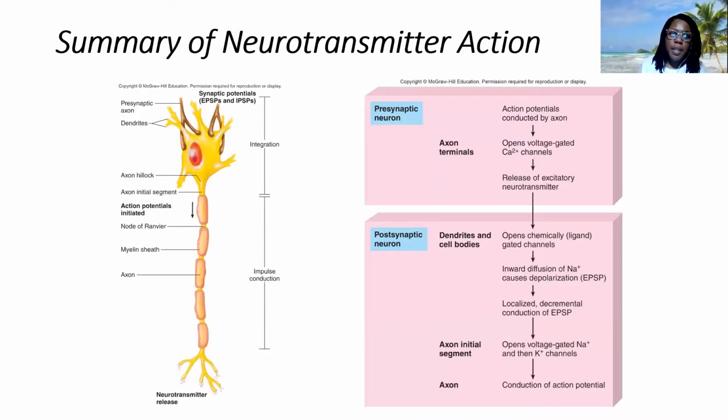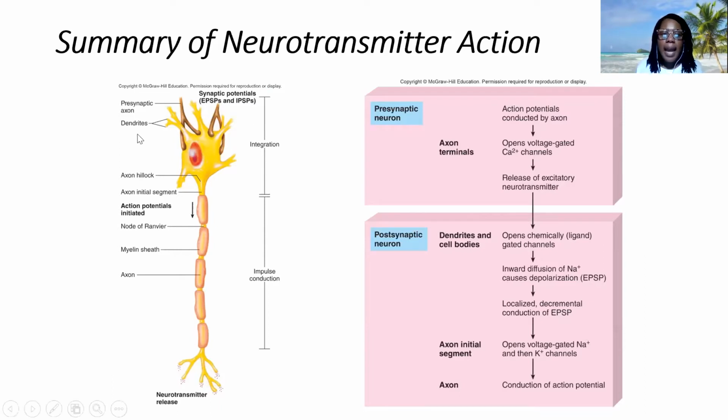If it's an EPSP, it makes an action potential easier, more likely, more favorable. If it's an IPSP, it makes an action potential harder, right? It hyperpolarizes the membrane. It takes us further away from rest. It makes it harder to get to that threshold value. Or if we think about chloride as an example, it can also resist the membrane potential change and make it equally as hard to depolarize that cell.